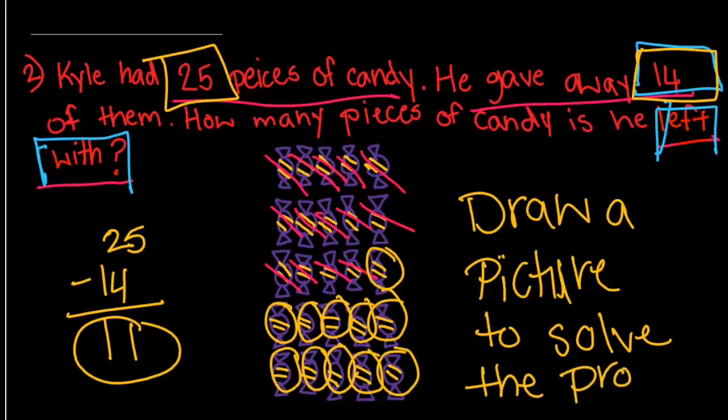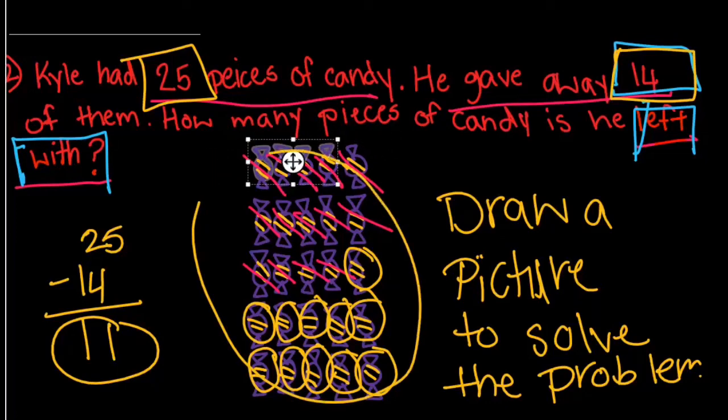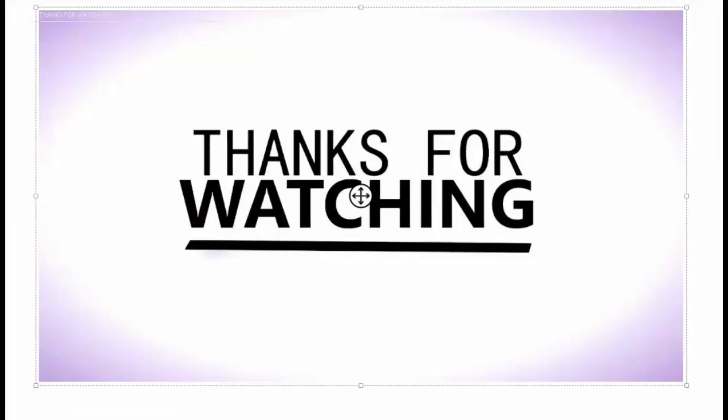We drew a picture and we solved it by crossing off the candies that were given away and circling the candies that he still had. All right. Thanks for watching.